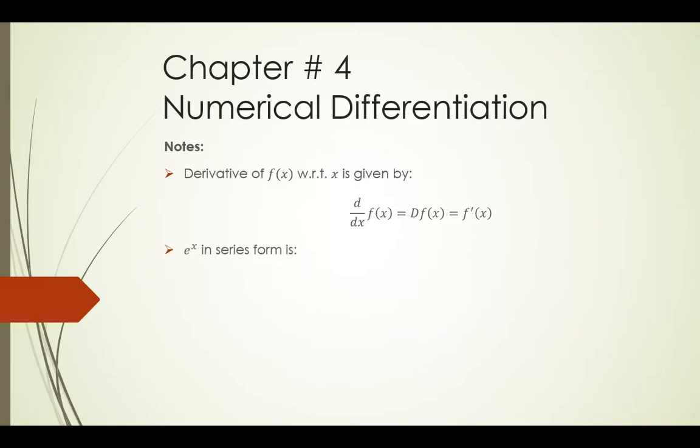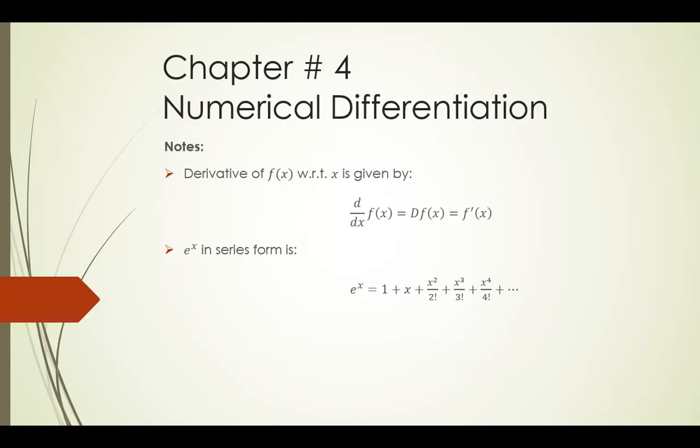The second one is the exponential function e power x. You know what is e? That is actually an irrational number, which is the base of the natural logarithm. We don't need to know about that, but we need to know the series form of e power x. In series and expanded form it can be written as 1 plus x plus x square by 2 factorial, x cube by 3 factorial, x power 4 by 4 factorial, and so on.